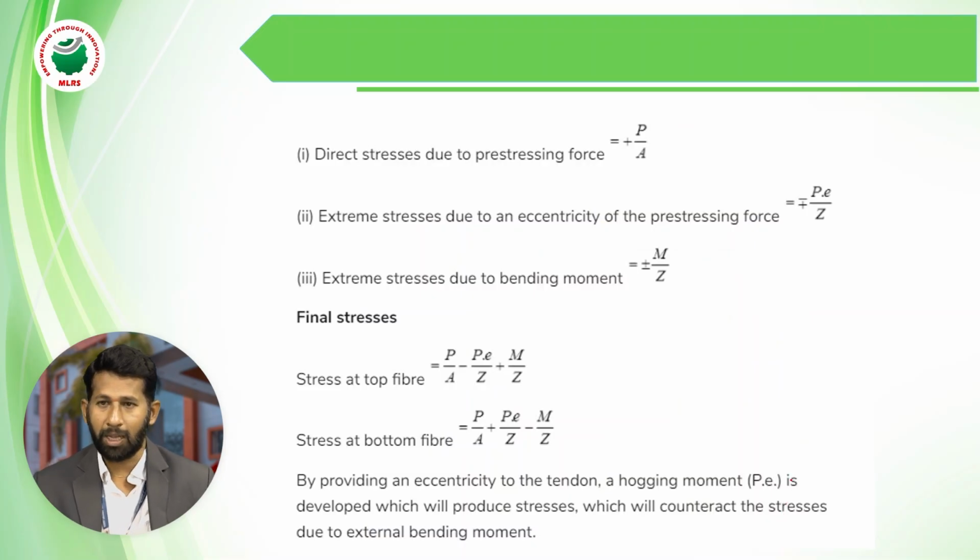On applying the load: the direct stress due to the prestressing force is P/A; the stress due to the eccentricity of the prestressing force is plus or minus Pe/Z; the extreme stresses due to the bending moment are plus or minus M/Z. These give the final stress at the top fiber and the stress at the bottom fiber.